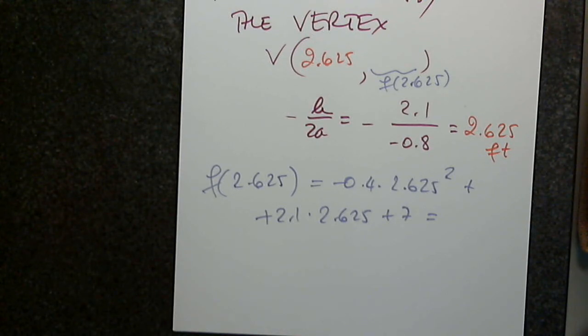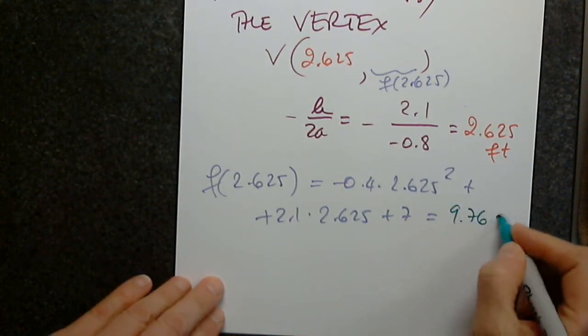Y equals negative 0.4x squared plus 2.1x plus 7. And I go to second and table, and I plug in 2.625. And I get 9.76. 9.76 feet.